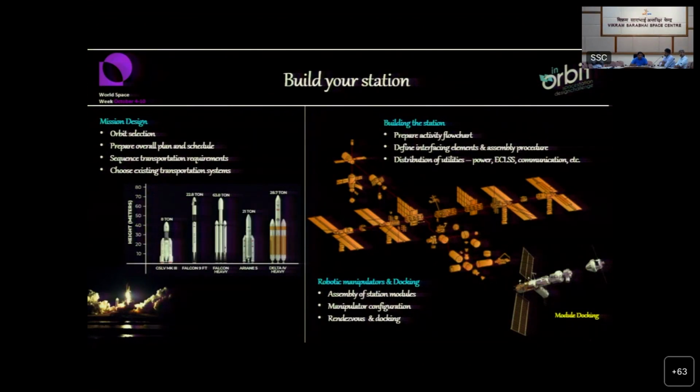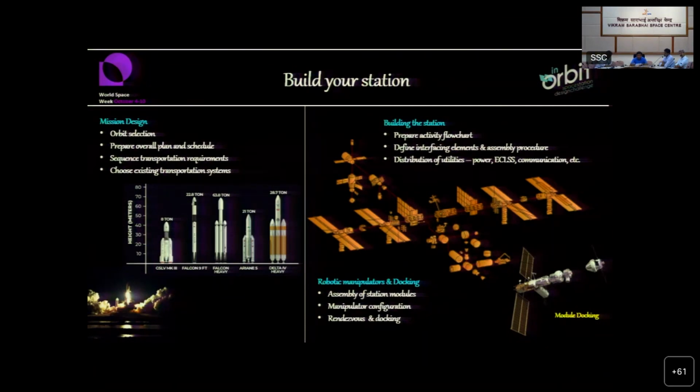Most of these space stations orbit in the low Earth orbit, but then you have to say why you are going to that orbit, and what should be the mass of the modules or mass of the space station which you are going to carry, and which launch vehicle you want to select for this purpose. So some clarity has to be there with respect to all these points, why you have selected the launch vehicle and why you want to carry it in modules or in a single piece. So these points need to be touched upon.